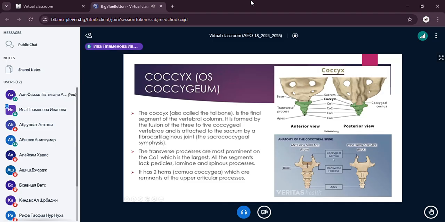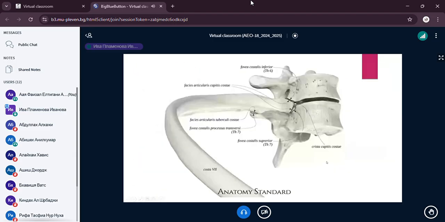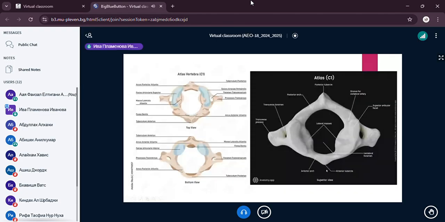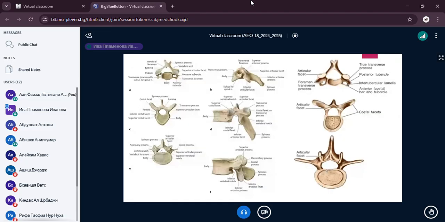Okay, do you want to try to tell me some parts here? For example, here, this picture, C. What type of vertebra is this one?